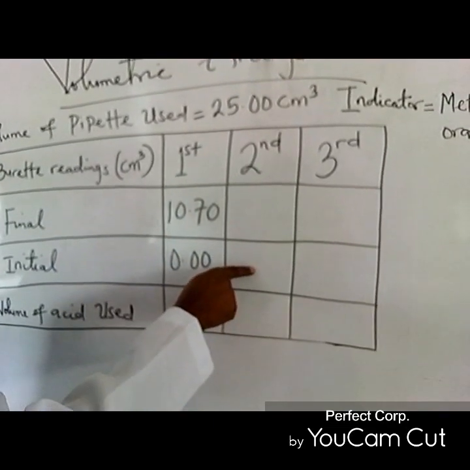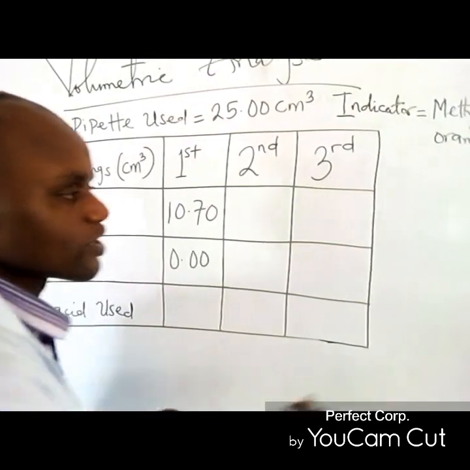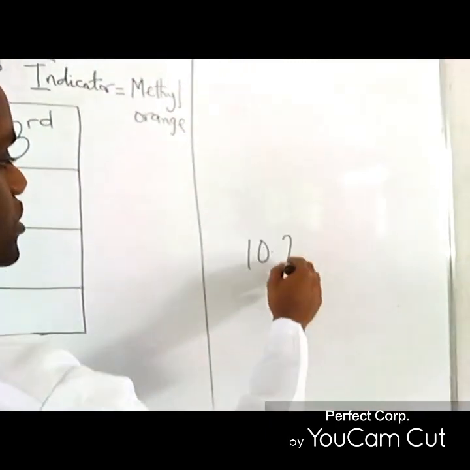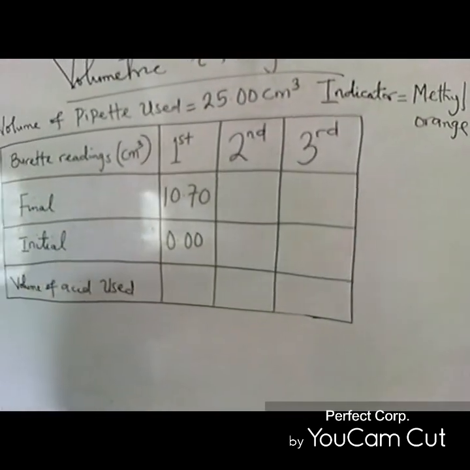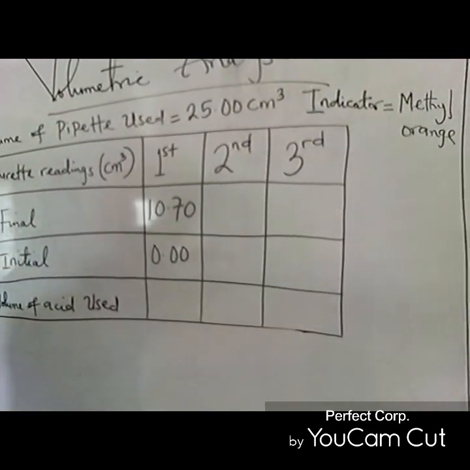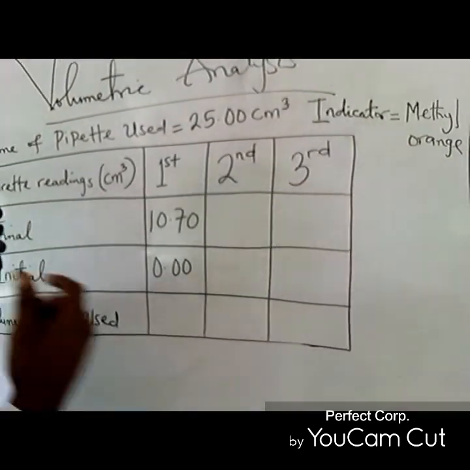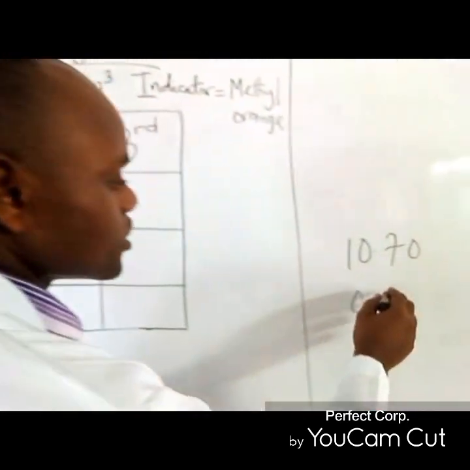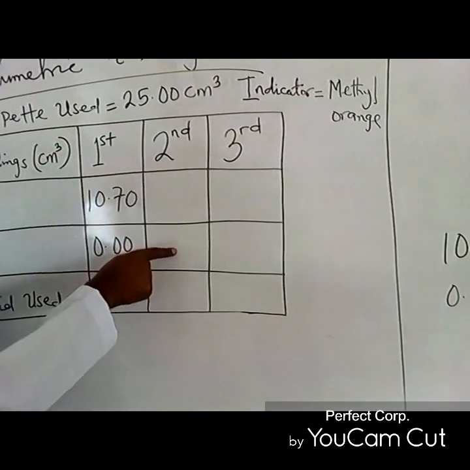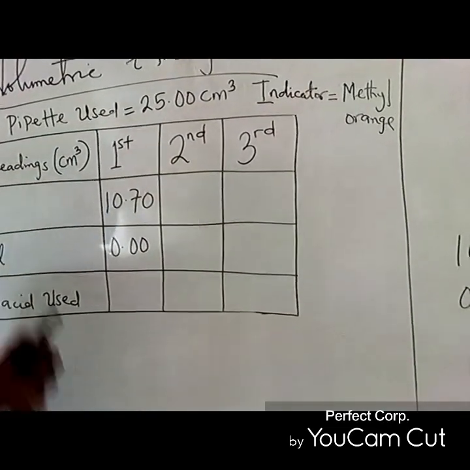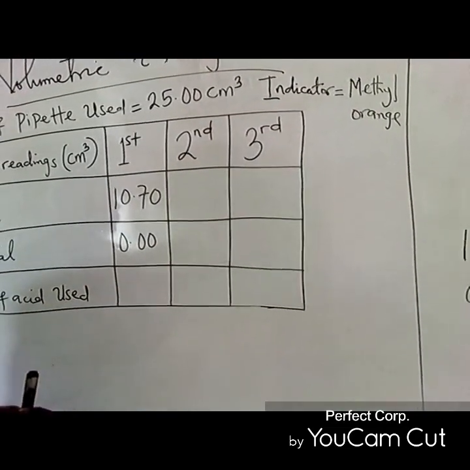So you might decide to put in this space 10.70. Or the other way around, you might decide to refill the burette with the acid solution, going back again to 0.00, and you start all over. It all depends on you. But if you wish to make use of this as your second initial reading, it's still very okay. Please, let's take note of that.